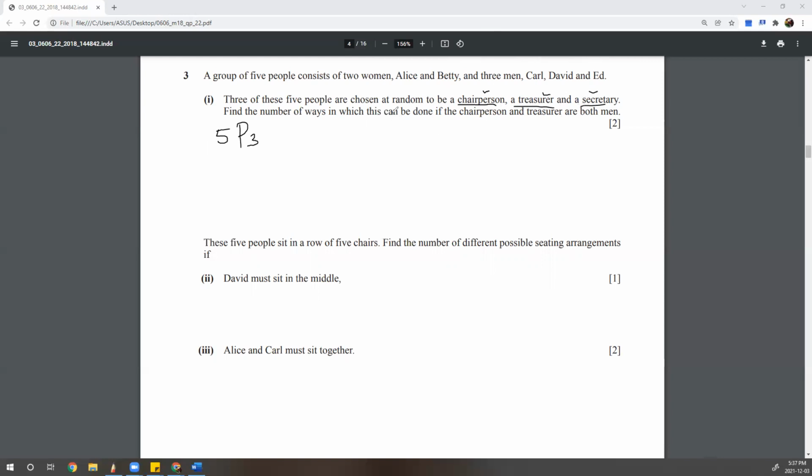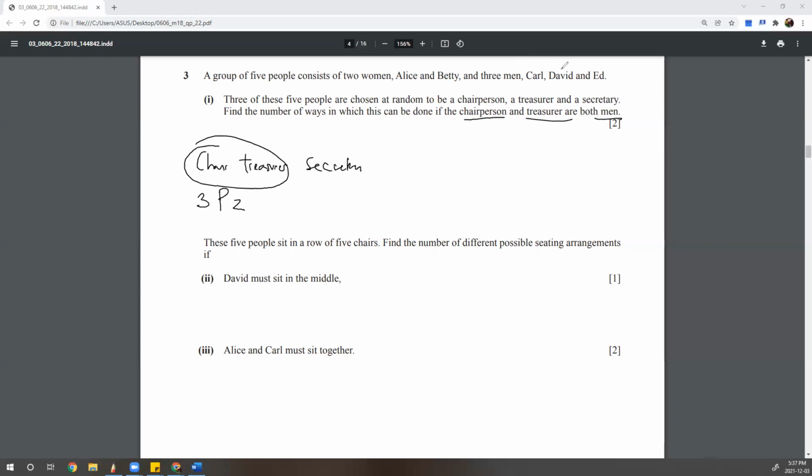Find a number of ways which this can be done if the chairperson and treasurer are both men. We have to deal with the man, chairperson and treasurer, right? And the secretary can be either boys or girls, right? It's not given. So this has to be 3P2.